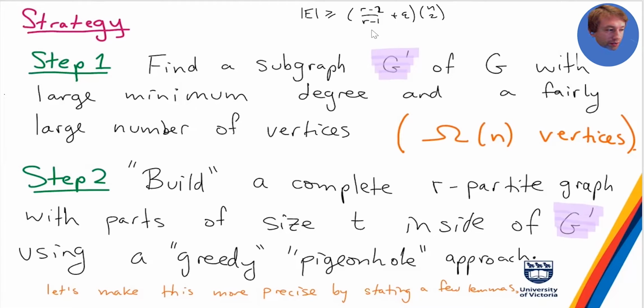In some sense there's a similarity to how we proved Turán's theorem. Remember in Turán's theorem, we took non-adjacent vertices and played with their degrees and stuff like that.